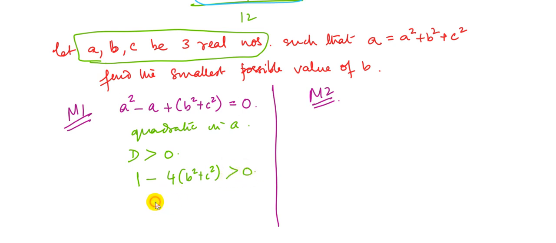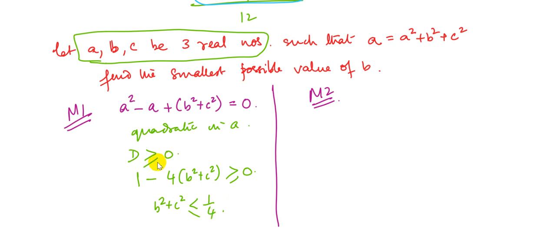That means b square plus c square should be less than 1 by 4. Actually, it should be greater than or equal; the roots can be the same also. We just said three real numbers, so the discriminant can be greater than or equal to 0. So that means b square plus c square has to be less than or equal to 1 by 4.